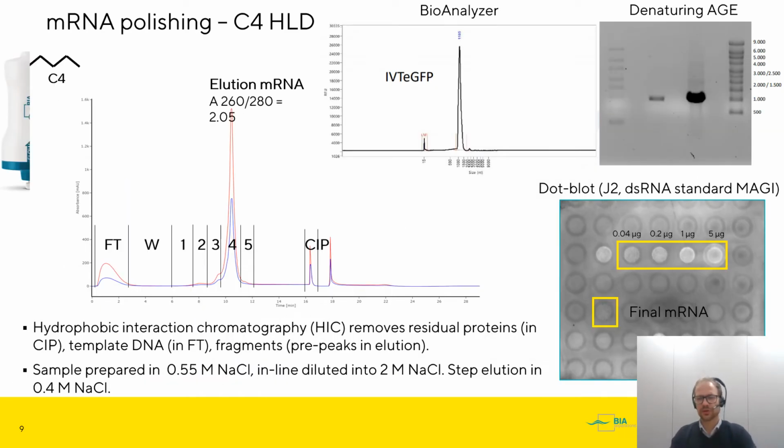We can also use hydrophobic properties of mRNA if we apply the so-called hydrophobic interaction chromatography mode. In this mode we have to dilute the mRNA sample in high concentration of salt, such as sodium chloride, and we bind to the hydrophobic column in high molarity of salt, and here we talk about 2 molar salt or more.